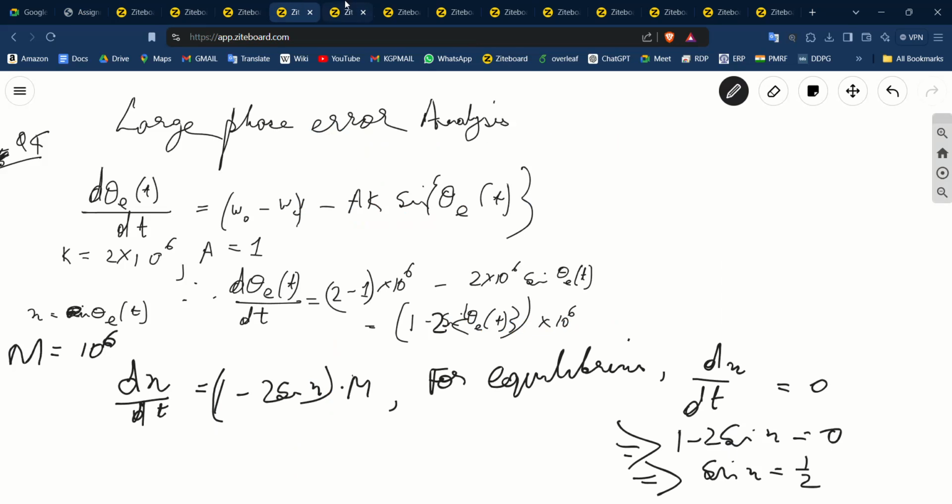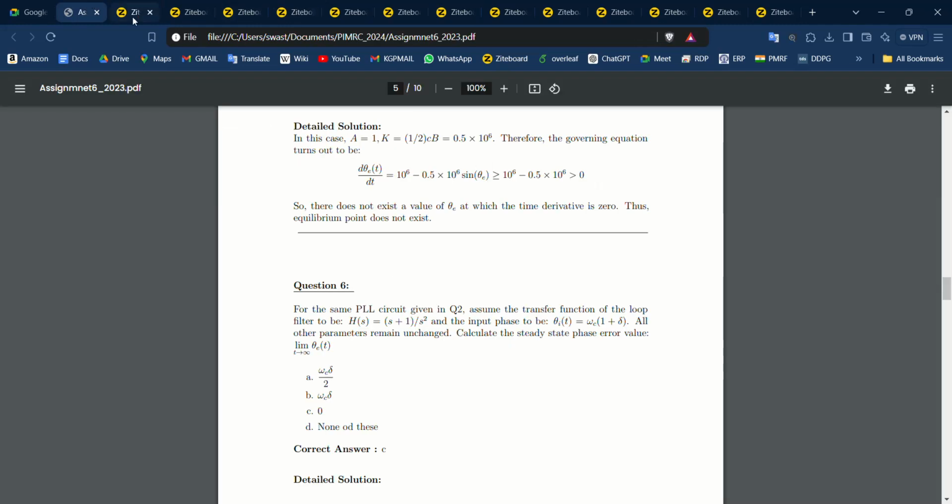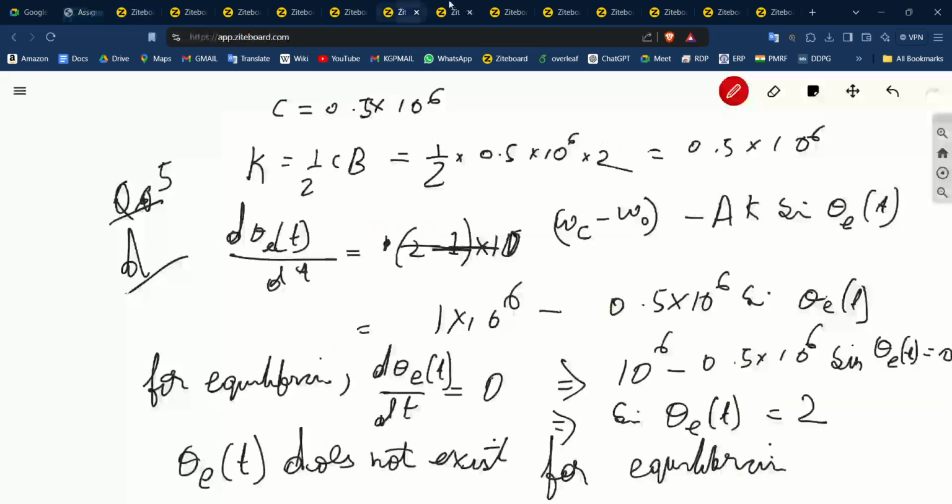So everything else remaining unchanged. This is s by (s plus 1) by s squared, and omega naught is omega c into (1 plus delta).